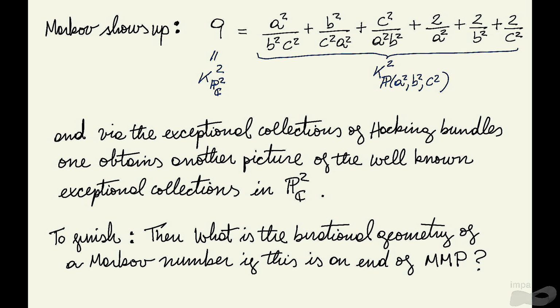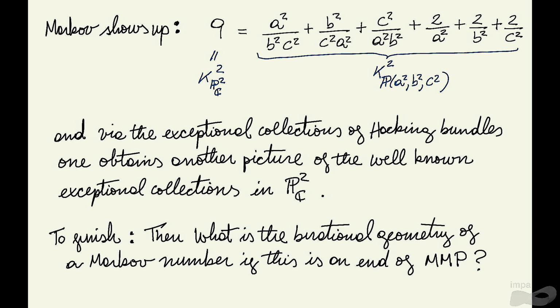And also, via the exceptional collections of Hacking bundles, you can obtain another picture of the well-known exceptional collections of length 3. They generate the whole bounded derived category of the projective plane, using these Hacking bundles. Okay, so this is another way to have the same picture.